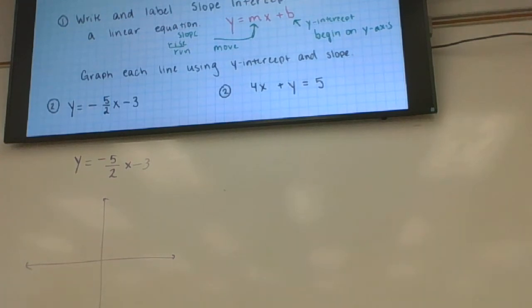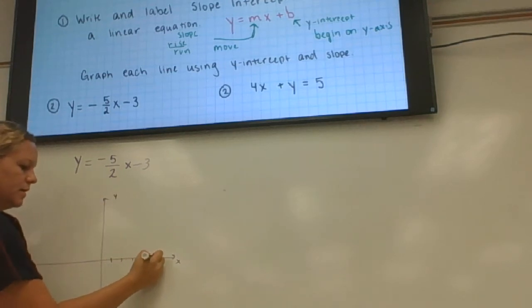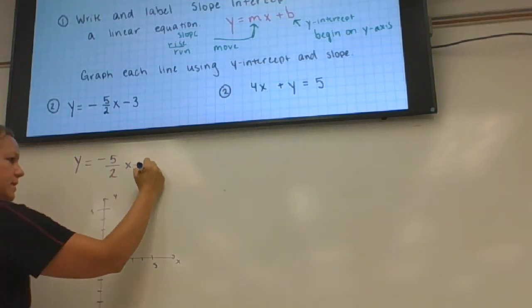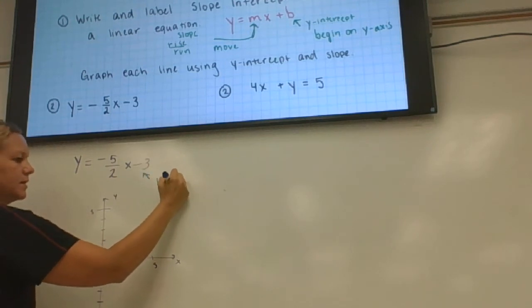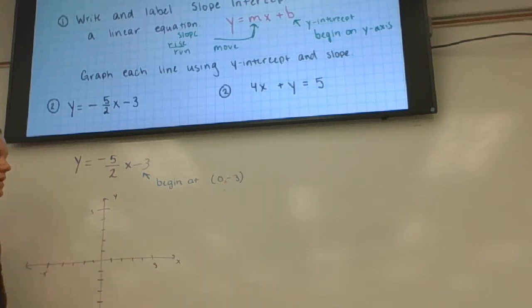It's -3, so you're going to start down here. So I'm going to begin at B. And that's the ordered pair 0, -3.